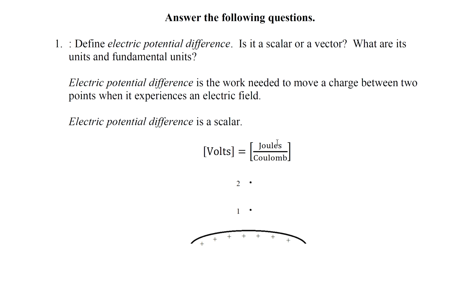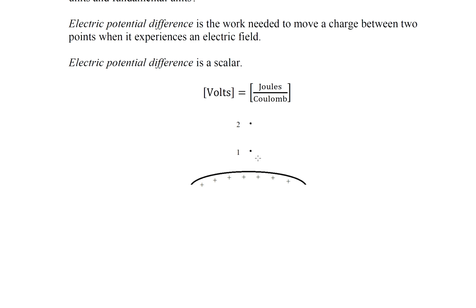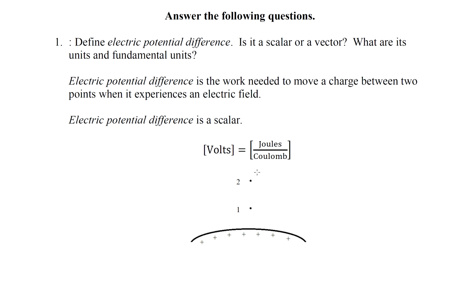And remember, a joule is kilograms meters squared over second squared, and a coulomb is equal to an ampere second. So imagine the electric potential difference needed to bring a proton from point 1 to point 2, or an electron from point 2 to point 1.